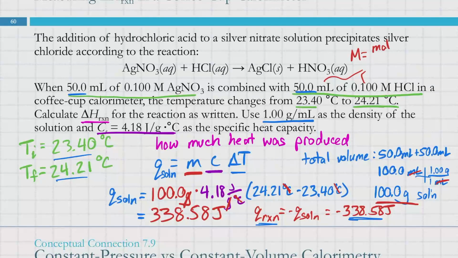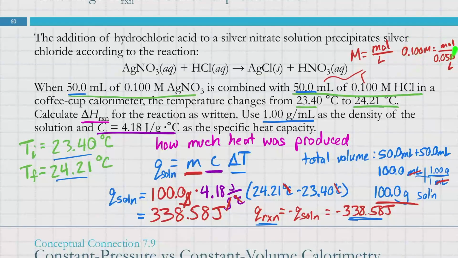So we have to remember what molarity is. Molarity is moles over liters. So we can calculate the moles of either of our reactants. Because we've got the molarity, we've also got the milliliters, which we can convert to liters. So 0.0500 liters.